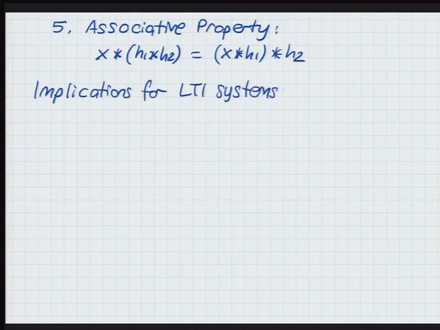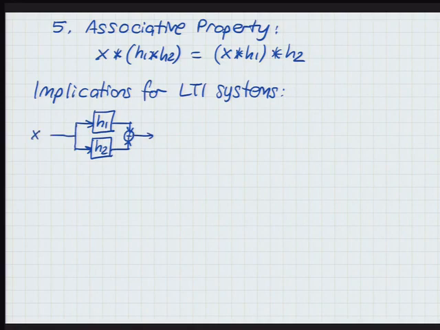So what happens if I take an LTI system with impulse response h1 and take another one with impulse response h2 and connect them in parallel to generate an output? The same input x is fed to both, and their individual outputs are summed to obtain y. So it's a parallel connection of two LTI systems.